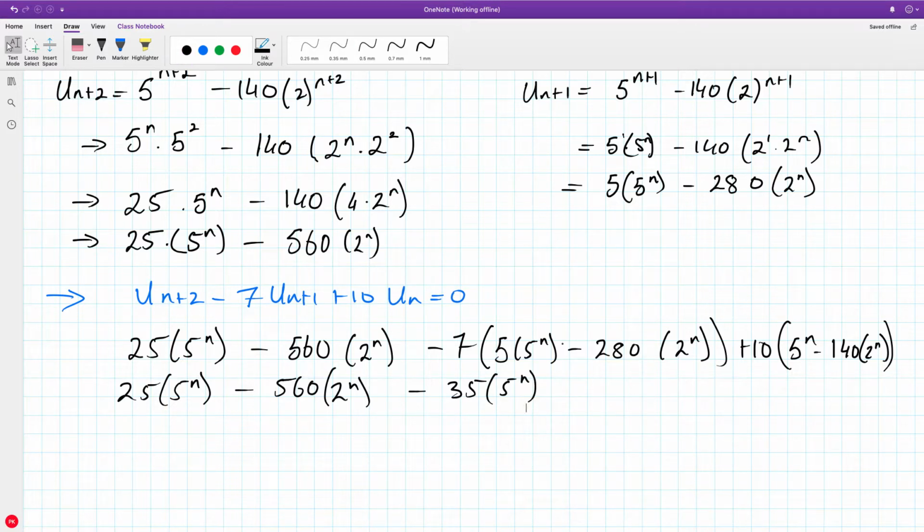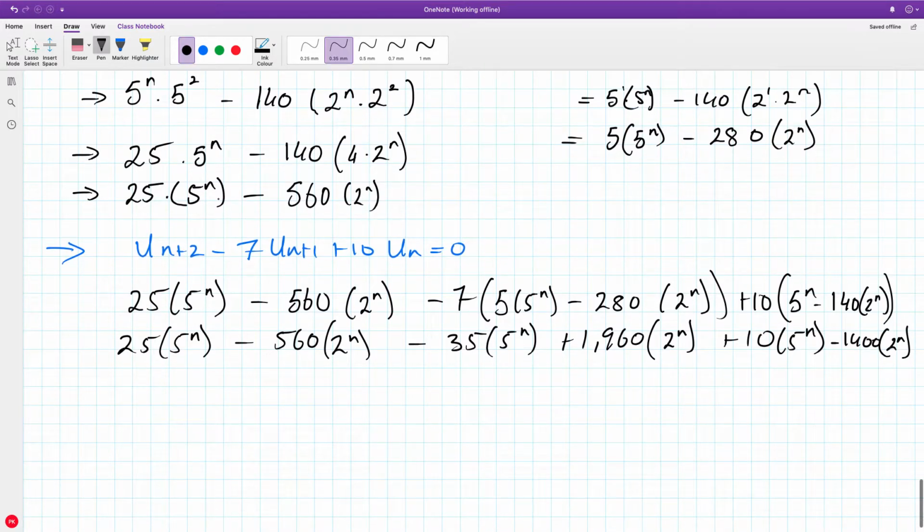Minus 7 multiplied by minus 280 is plus 1960 times 2 to the power of n, plus 10 times 5 to the power of n. 10 multiplied by minus 140 is minus 1400 times 2 to the power of n. Have I lost anyone so far? No. I'm getting smiles. Well, kind of smiles anyway, so I presume I haven't.